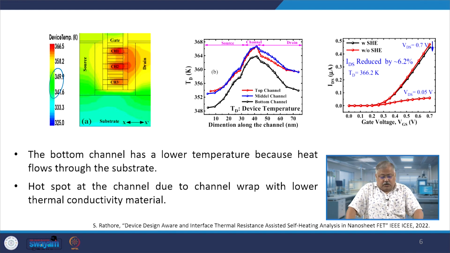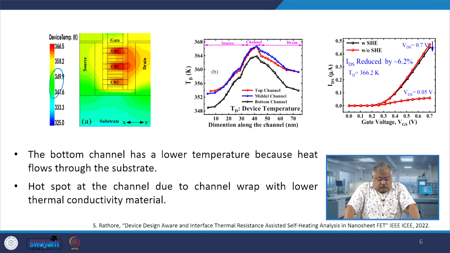And of course, the hottest spot happens to be typically the second sheet here, because the second sheet is sort of insulated by the top sheet and the bottom sheet. So, the maximum heat which you get will be somewhere in the second sheet, right.